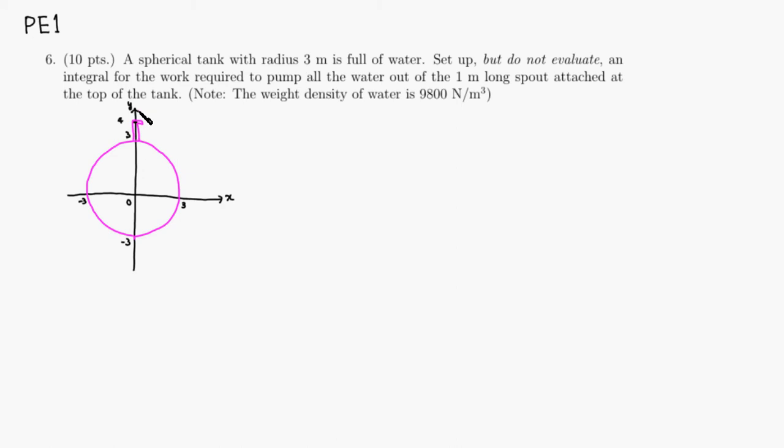Then we want to pump the water out through the spout, which is 1 meter long. Let's find the amount of work required to do that.